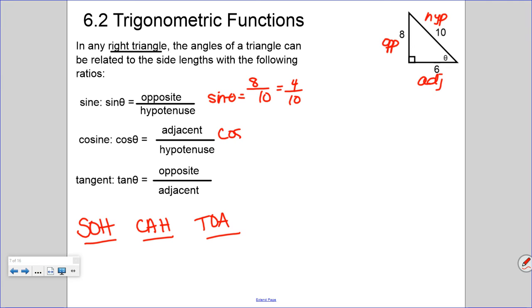Cosine of theta, the adjacent side, 6, over the hypotenuse, 10, 3/5. Tangent of theta, the opposite side over the adjacent side, opposite 8 over adjacent 6, and that reduces to 4/3.